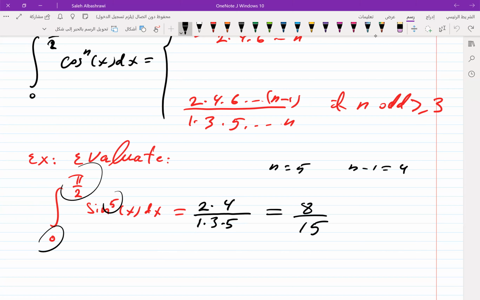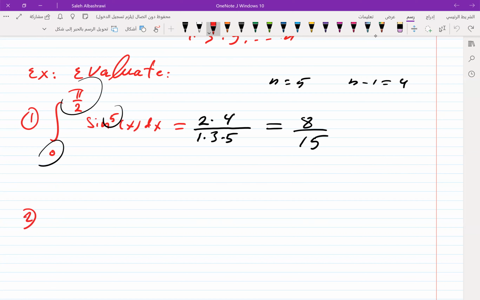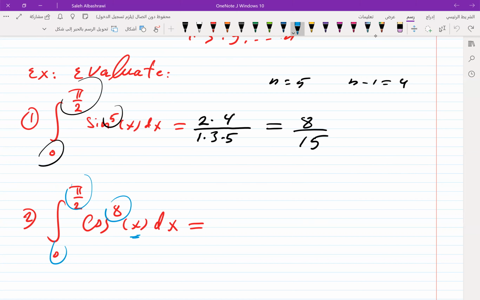Take another example. Use cosine. Number 2, 0 to pi over 2, cosine to power 8 of x dx is equal to limits from 0 to pi over 2 cosine. This is x, and the power is even.